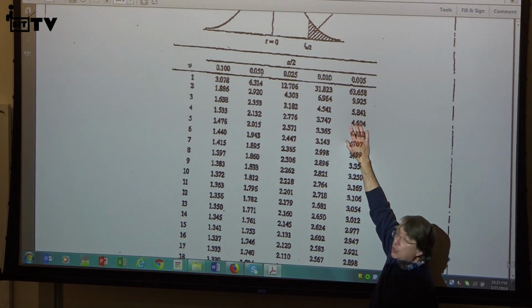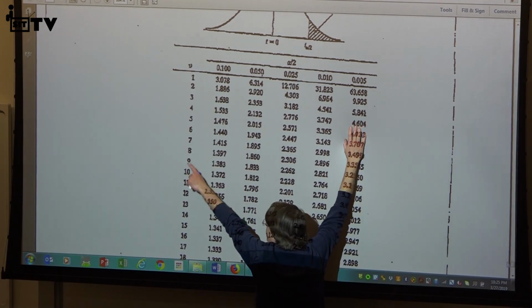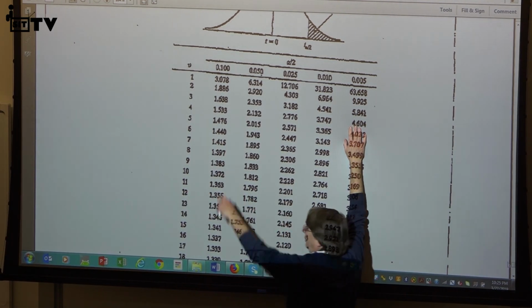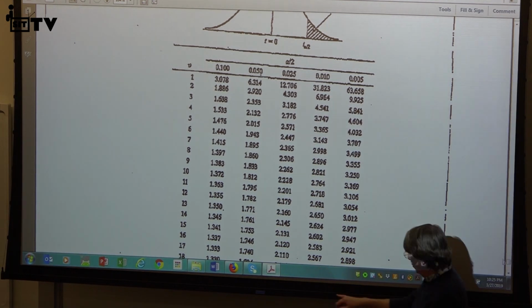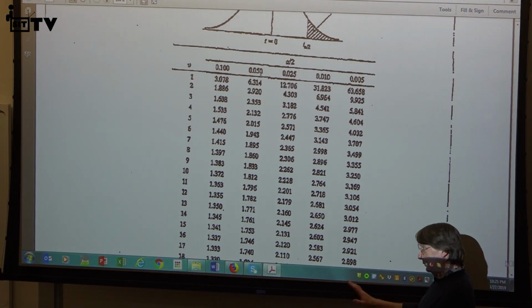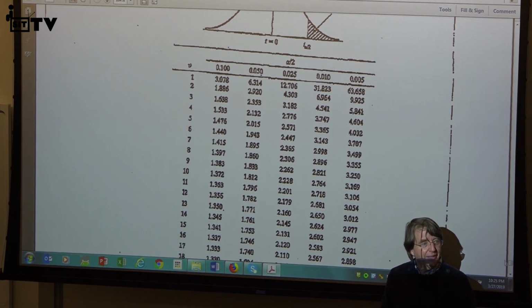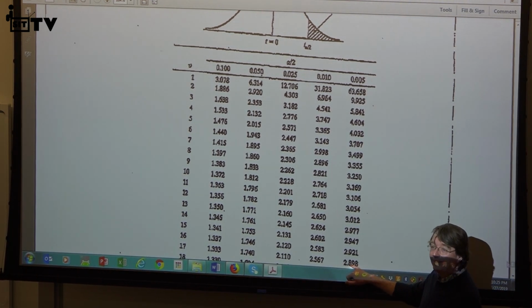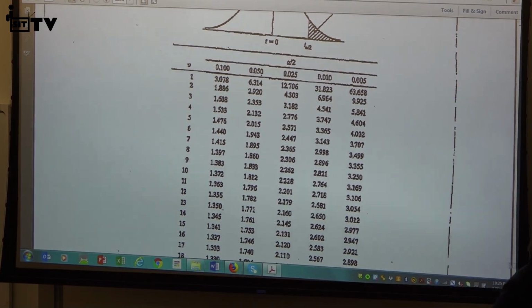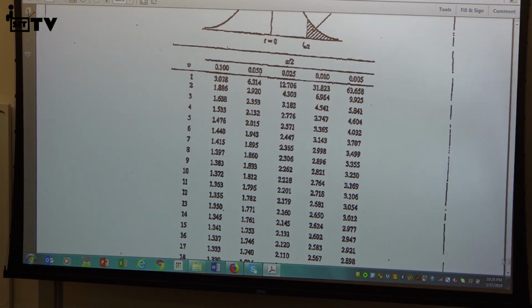I go down to degrees of freedom. This is not n, it's degrees of freedom. I go down to 17. This looks crooked. It's not me, right? Whew. All right. 2.898. Okay. 2.898.